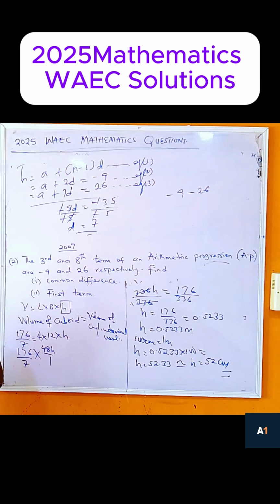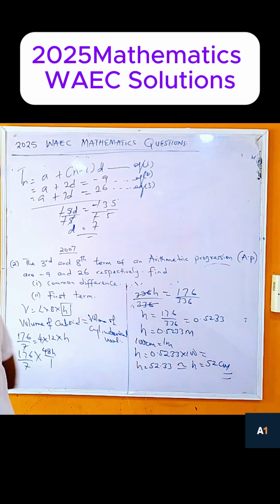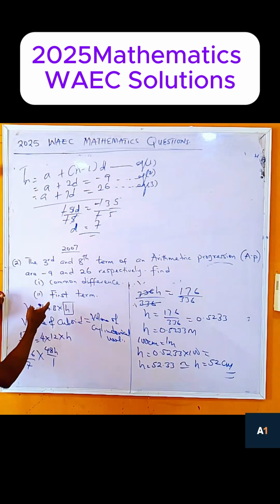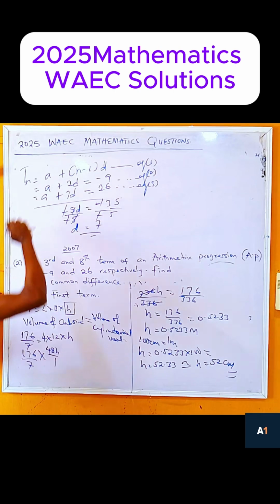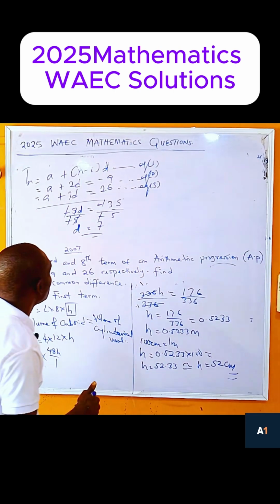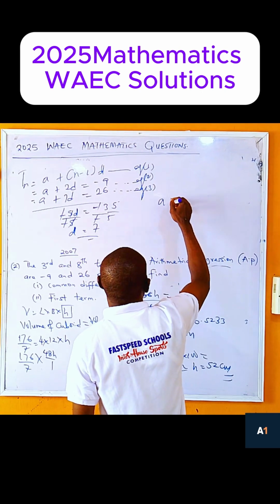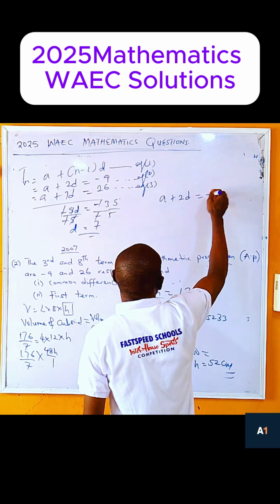Now from here we can find A, which is the first term. First term means A. Use any equation, either equation 2 or equation 3. You can use any one. So I decide to use equation 2. So we now have A plus 2D equal to minus 9.